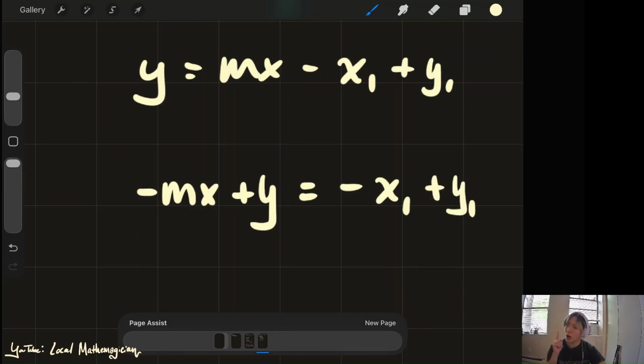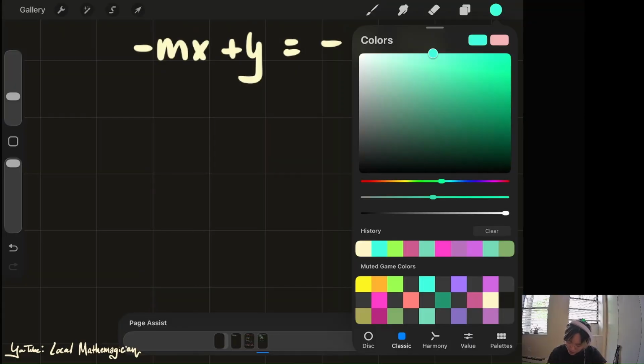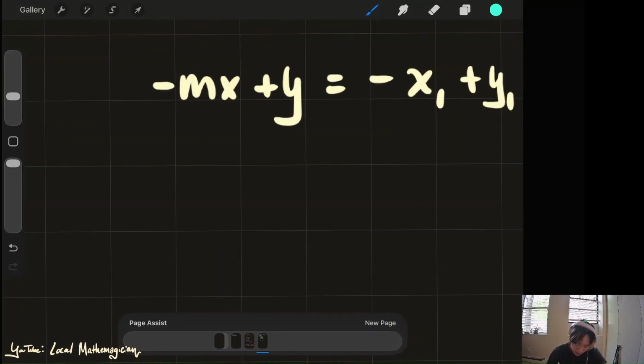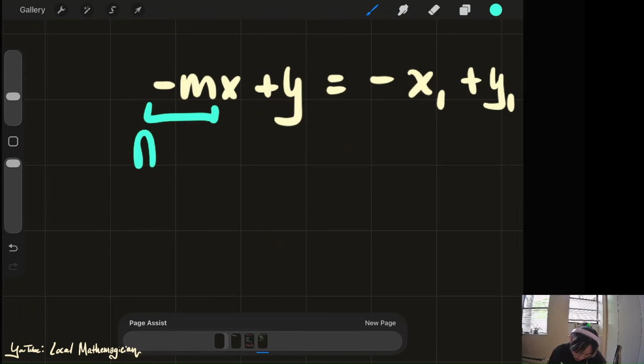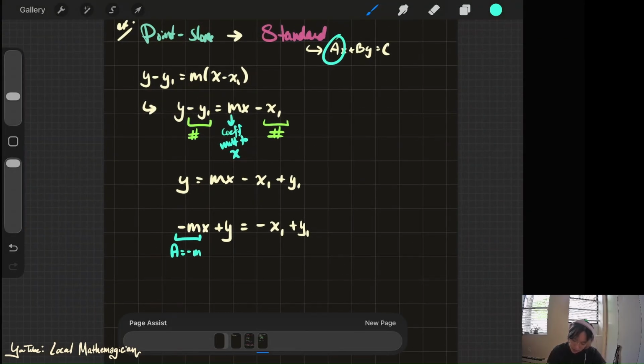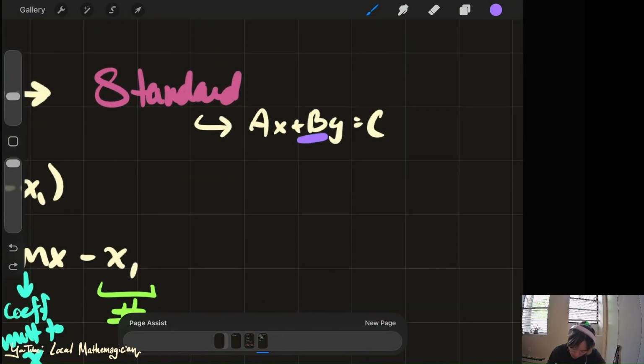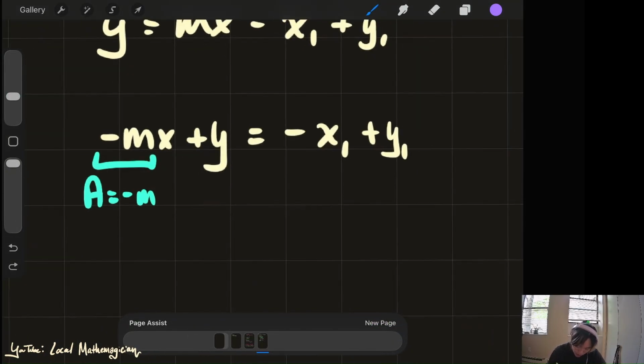And we're done. Why are we done? Well, if we identify our pieces, you're going to find that a is equal to negative m, because that's the number being multiplied in front of x. You're going to find that b is positive 1, an invisible coefficient in front of y.